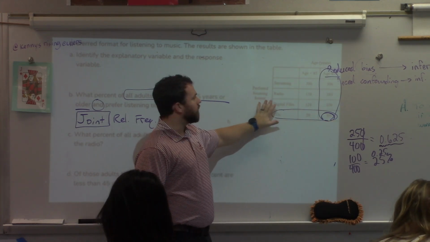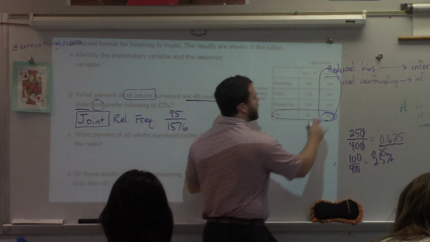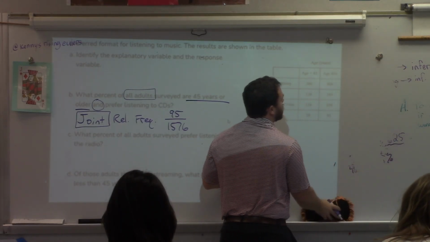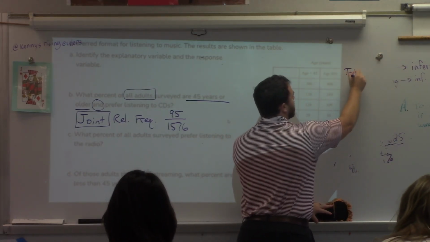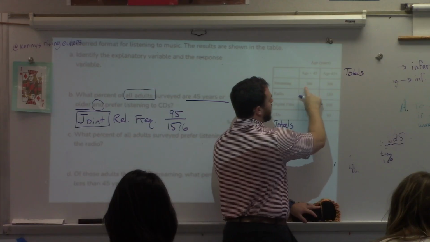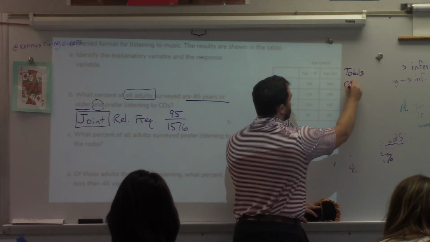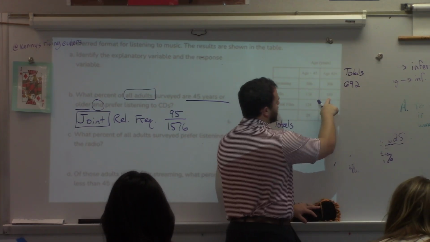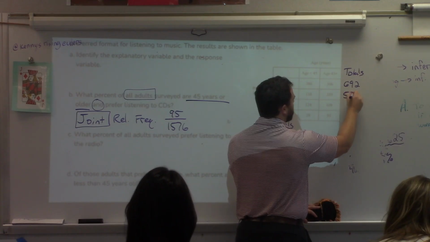Now, I'll point this out. Right now, I don't have any of the margins done. If I ever have a question like this, I would do my totals really quickly and find those to help me out. So 386 plus 306 is 692. 138 plus 389 is 527?